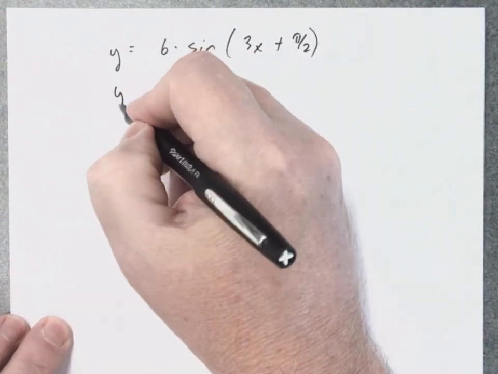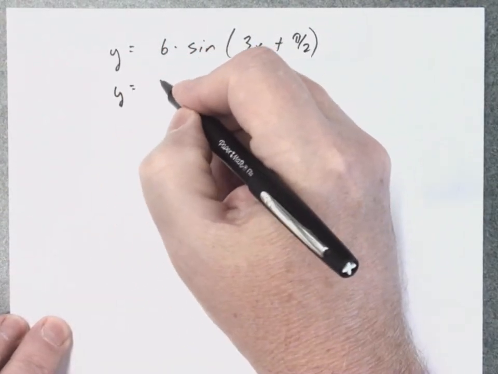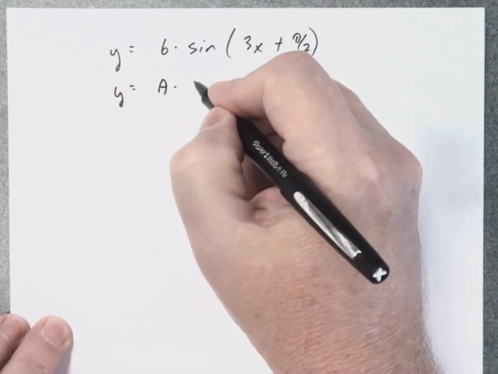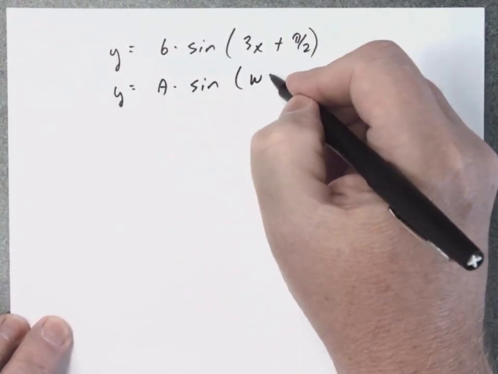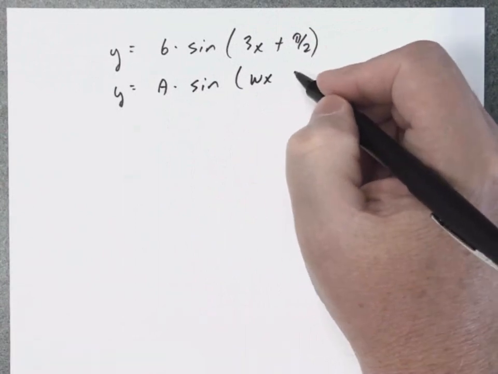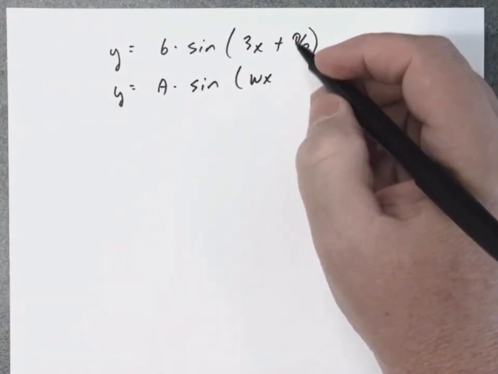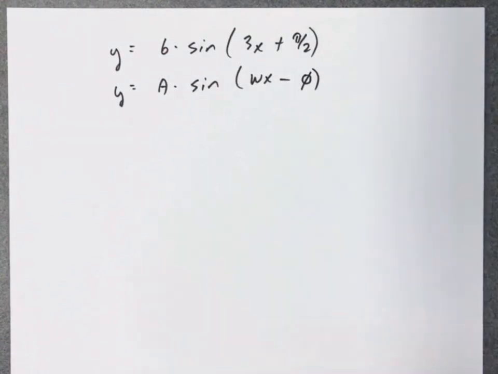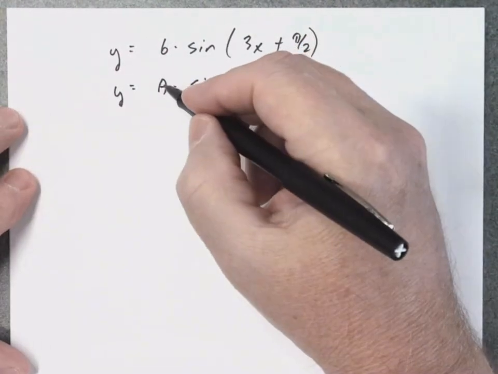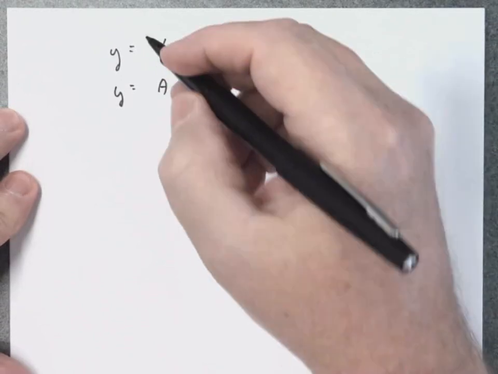So let me write here, just since this is our first phase shift problem, the general equation: A times the sine of omega x minus phi. So let's figure out what A, omega, and phi are.